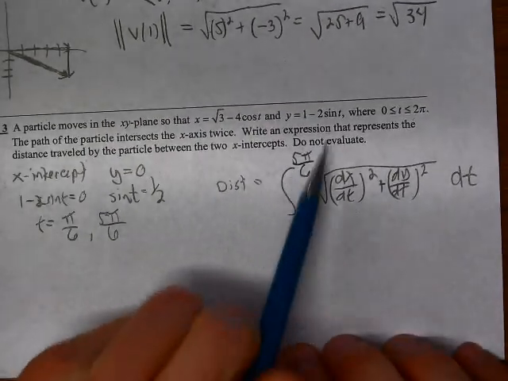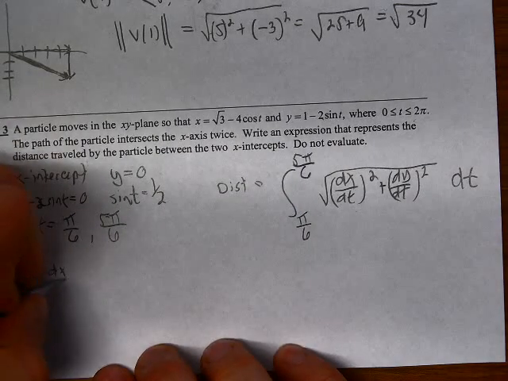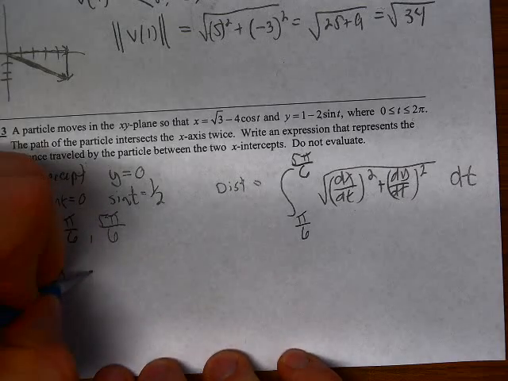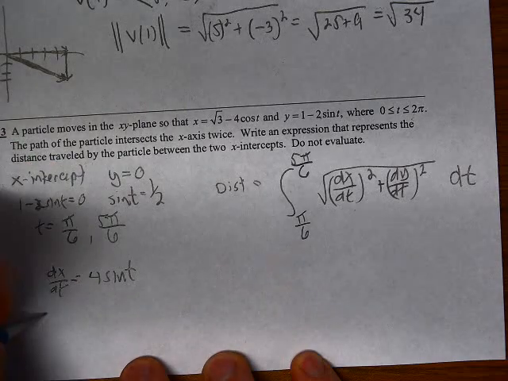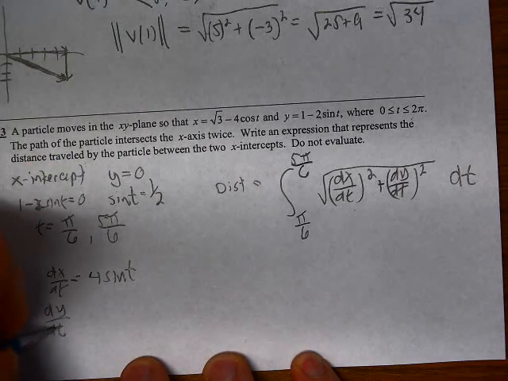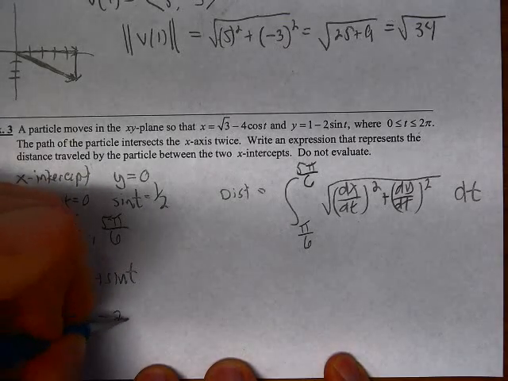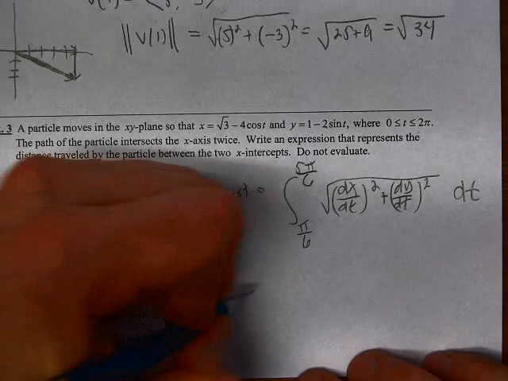Those are pretty easy to do. We can find them up here. So dx dt is equal to 4 sine t, and dy dt is going to be equal to negative 2 cosine of t.